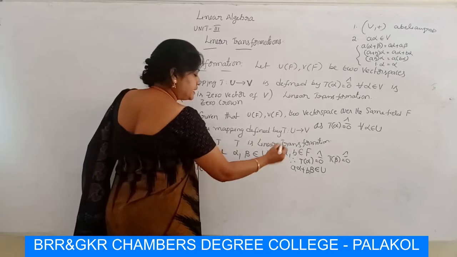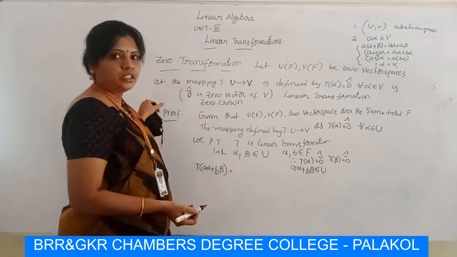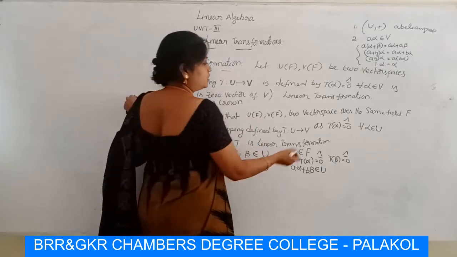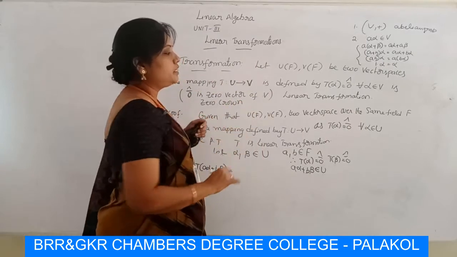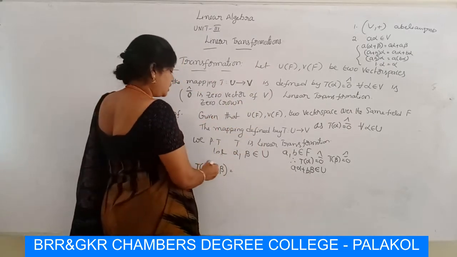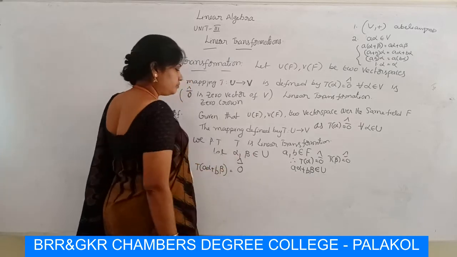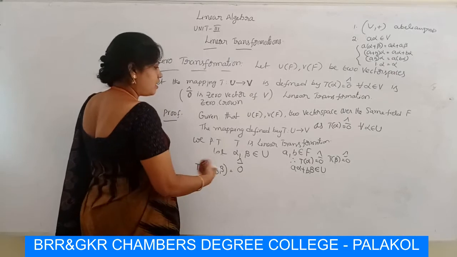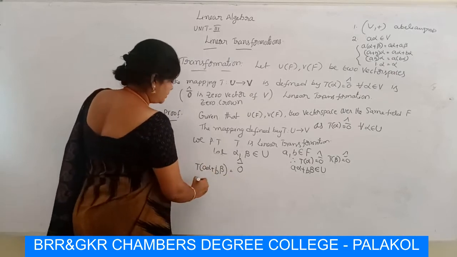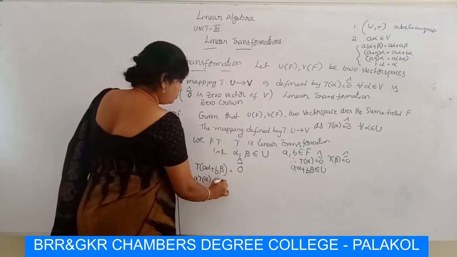So then its image is equal to the 0 crown, because here T of alpha is equal to 0 crown for any element in U. Therefore T of A alpha plus B beta is equal to 0 crown. Now the right hand side of the linear transformation definition is A into T of alpha plus B into T of beta.